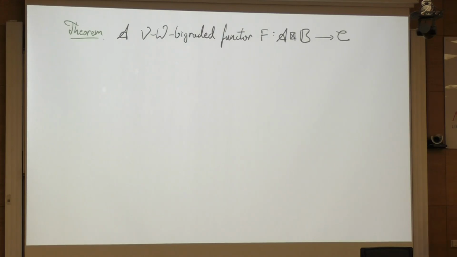And then we can look at V-W bigraded categories out of this A box times B, and this gives us a notion of bifunctor. And we have a characterization of bifunctors along the usual lines.